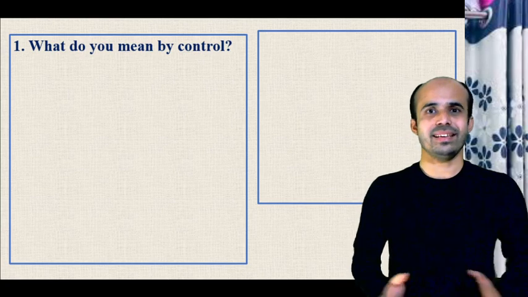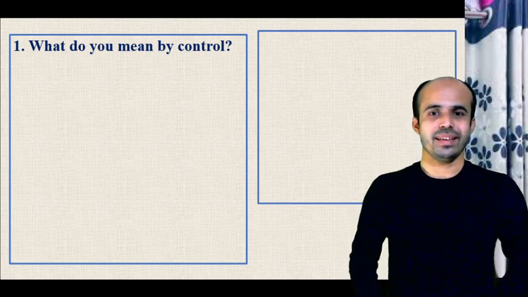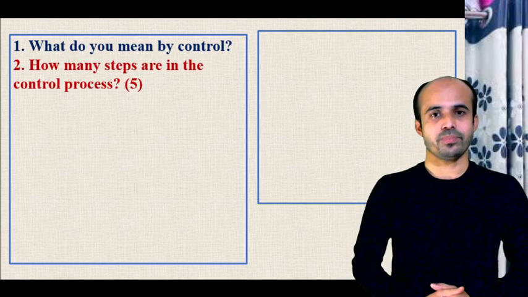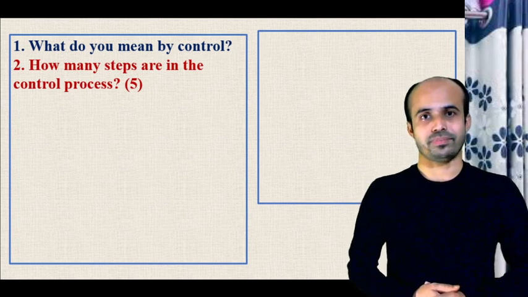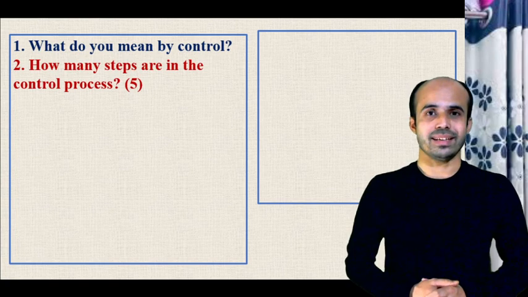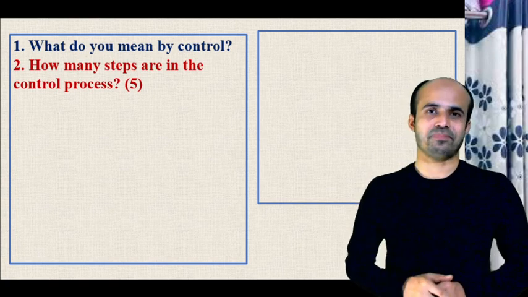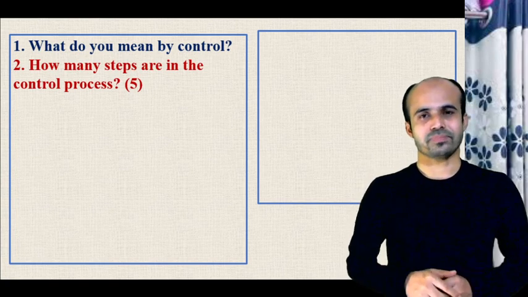So that is controlling. Now coming to the next question, how many steps are in the controlling process? You know that there are 5 steps. What are the steps?